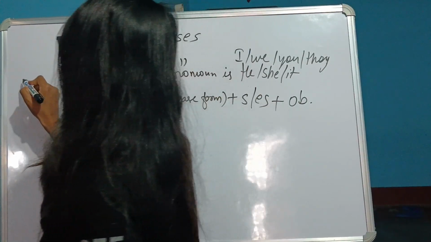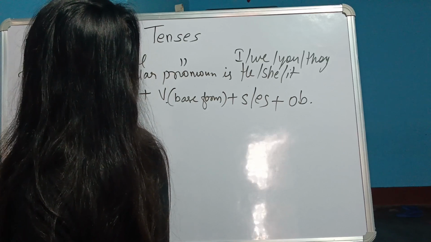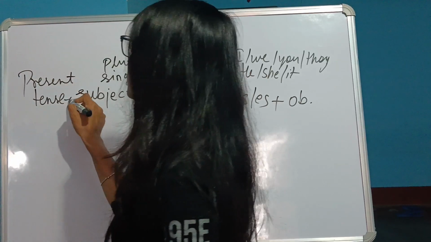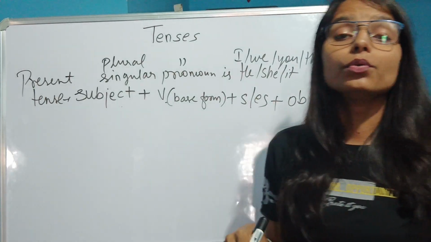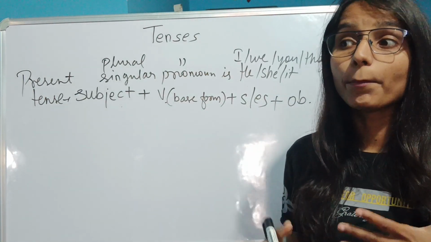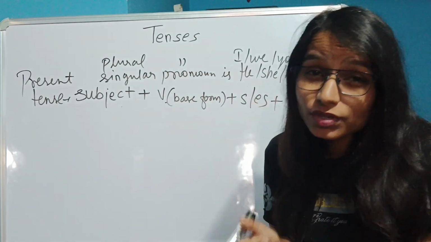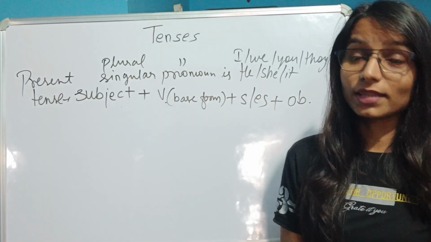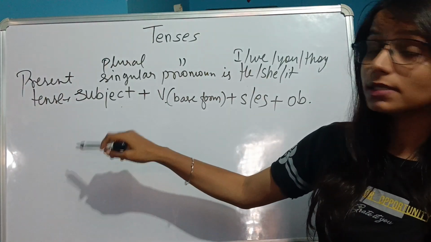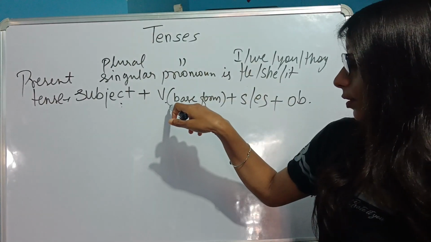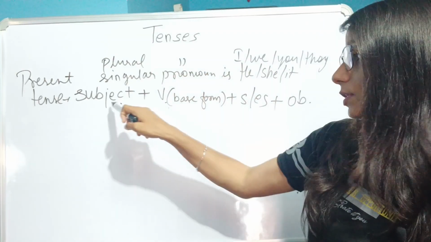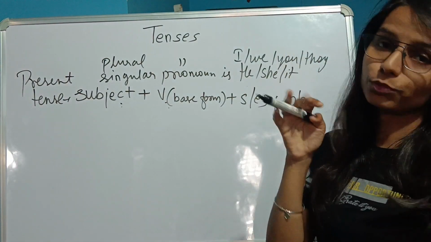Okay, I didn't mention, present tense is for what you do often, what you do repeatedly, what you do generally in your life. And the structure of present tense is subject, verb base form plus s or es if the subject is singular, and the object.